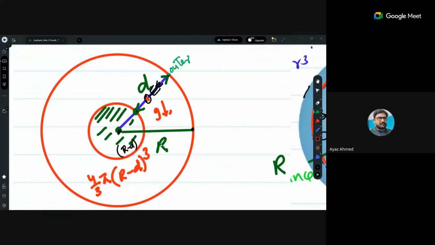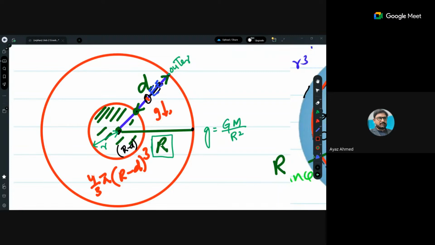Its radius is r, and the value of g here will be GM divided by r square. But when I reach this inner area, where the distance is now smaller, you have gone deep into the earth.